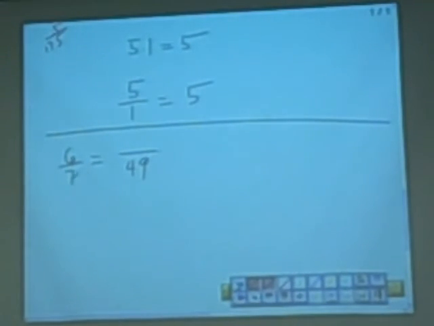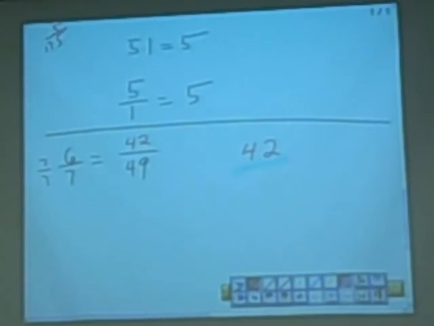Okay, so what times 7 will give us 49? 7. So we have to multiply 7 over 7. Therefore, 6 times 7 is 42, and 7 times 7, of course, is 49. So our answer is 42. When you look in the back of the book, that's what they'll give you, that single number.